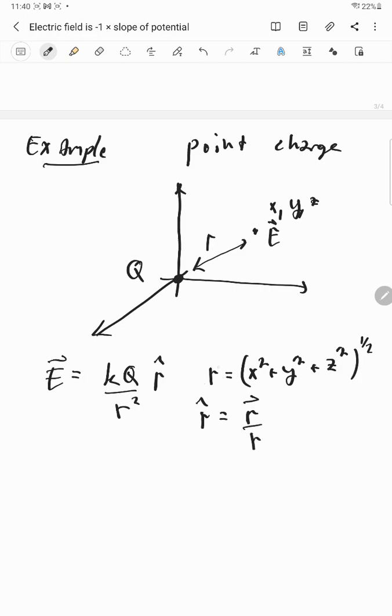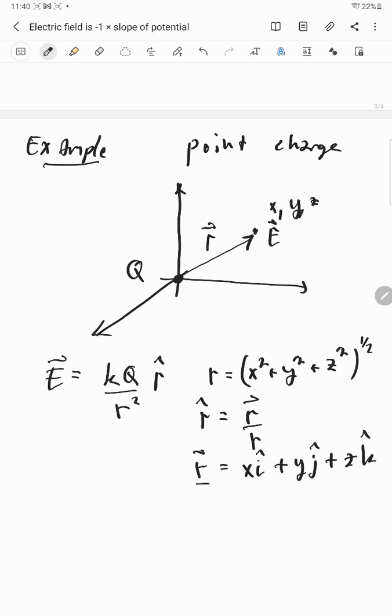So here's the length of r, that's the thing above, and the r vector is equal to x i hat plus y j hat plus z k hat, right? So the r vector is the vector that takes me from the charge q out to the place P, whose coordinate is x, y, z, where I want to know the value of the electric field. So the r vector points out to there.